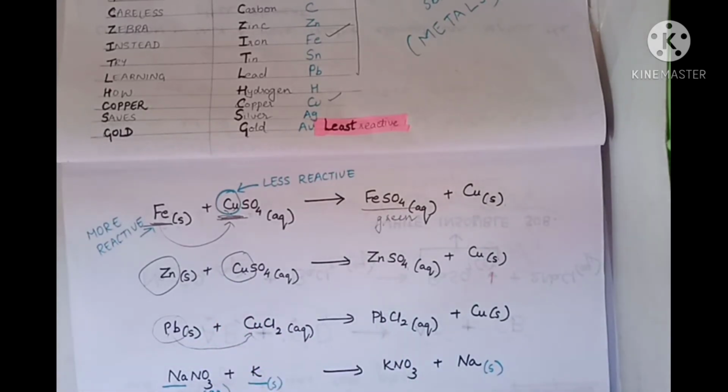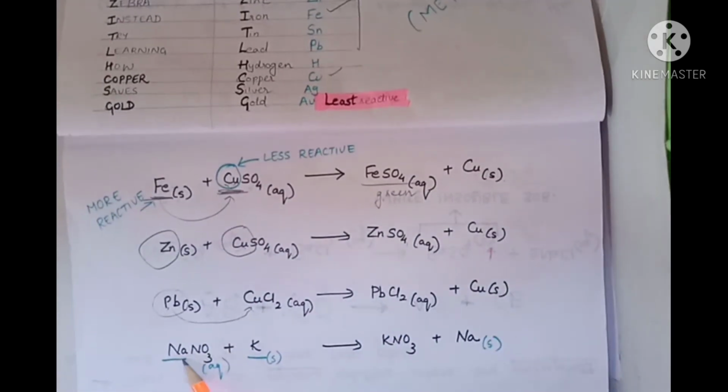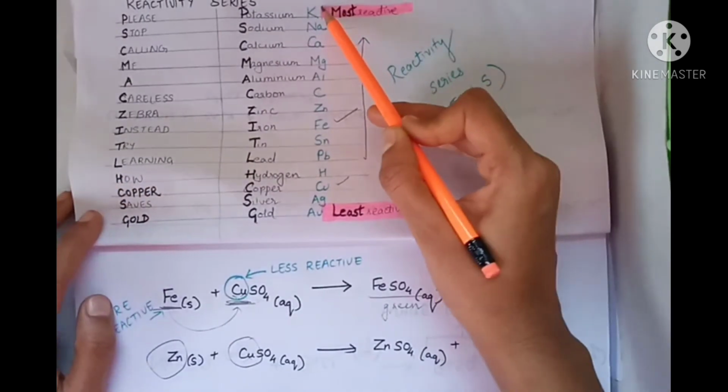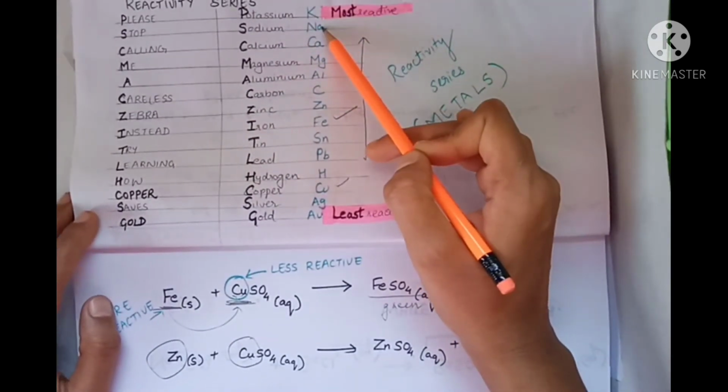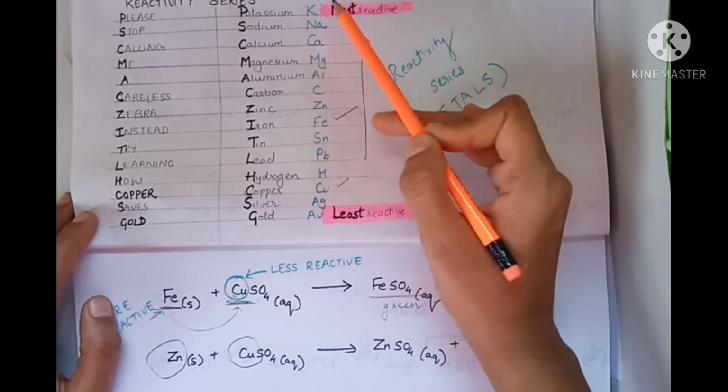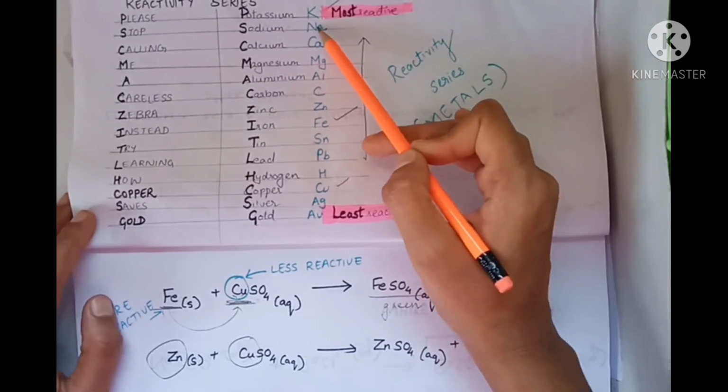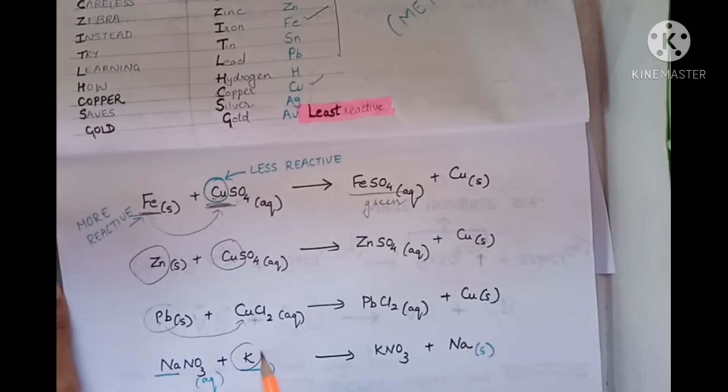Okay, so similarly we have sodium nitrate NaNO3 reacts with K, that is potassium, to form potassium nitrate and sodium. So towards the top of the series we see sodium and potassium, which one is more reactive? You can see potassium is most reactive compared to sodium. So what happens?